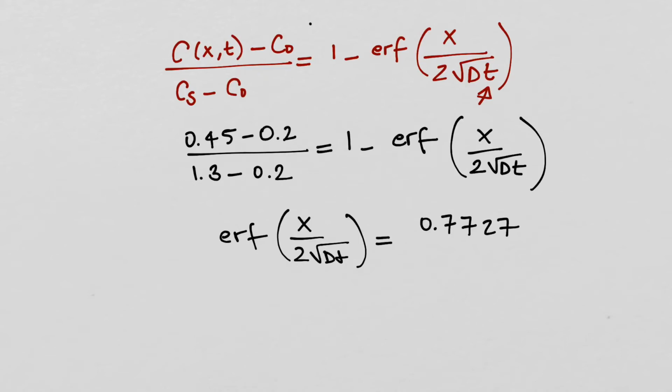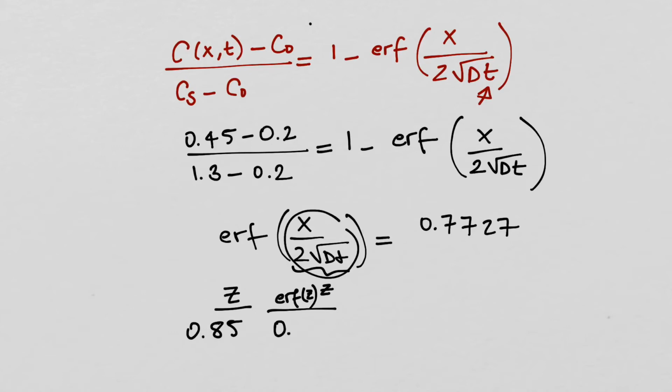So the next thing you need to do is look at table 5.1 and read this information. For the value inside, if this is z, what is the corresponding error function? We see from the table that for 0.85, the error function is 0.7707.